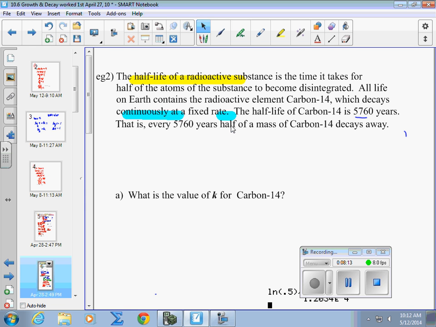K is a constant. K is the same for carbon 14. It is a different number for uranium. When we talk about population, it increases at a faster rate in different places of the world. And there are a number of things that have an effect on population. For instance, the bald eagle population was endangered years ago, and so they were put on the endangered species list.